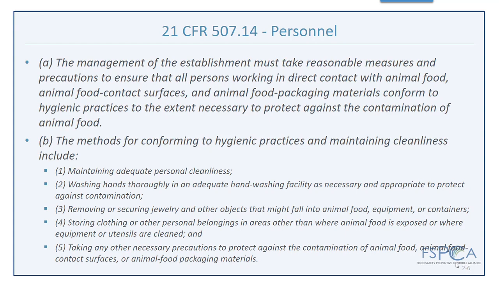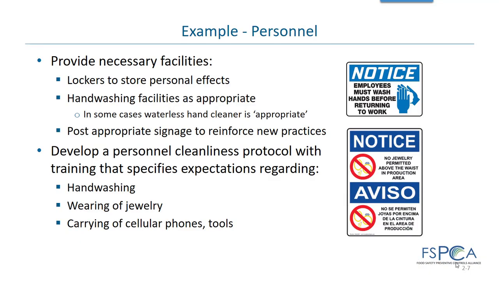Maintaining adequate personal cleanliness, washing hands thoroughly in an adequate hand washing facility as necessary and appropriate to protect against contamination, removing or securing jewelry and other objects that might fall into animal food, equipment, or containers, storing clothing or other personal belongings in areas other than where animal food is exposed, taking any other necessary precautions to protect against the contamination of animal food, animal food contact surfaces, or animal food packaging materials. And remember that the AFIA does have a video available that goes through all 5 of those different practices that you can use in your employee hygiene training.